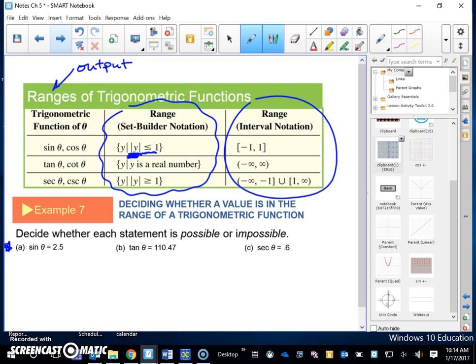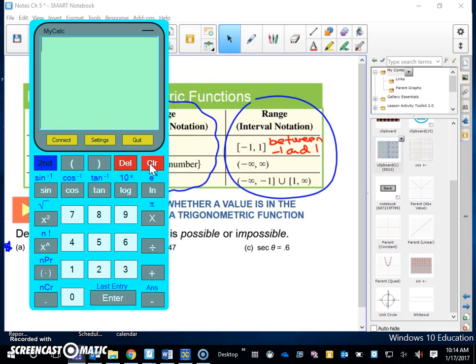If you look at it in interval notation, that output, that range, is going to be between -1 and 1. That's your output. So on a calculator, if you tested this out, cosine 75, sine 54, see how those numbers are in between -1 and 1? That's your output.